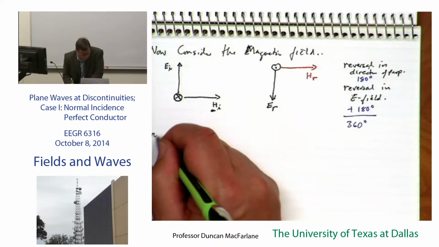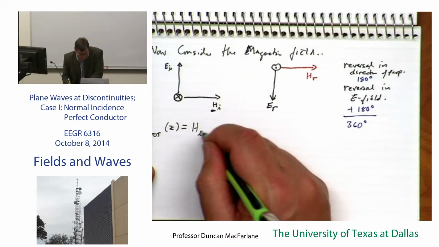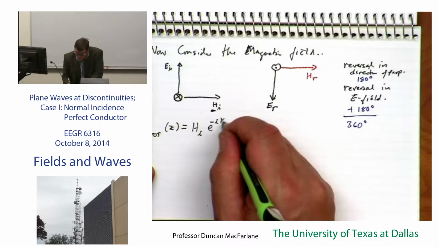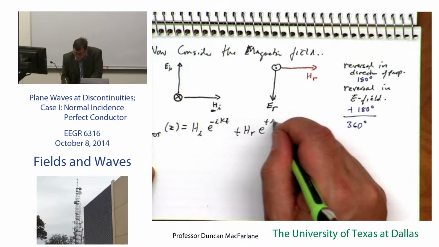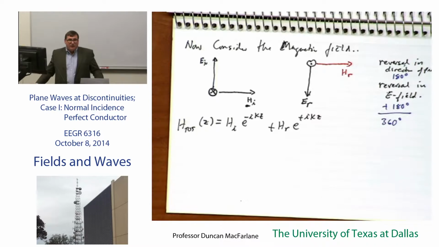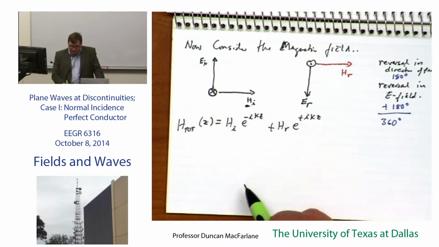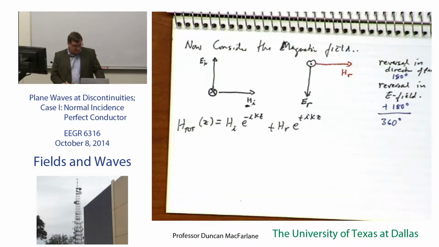So I can write the total magnetic field anywhere in Z is H incident e to the minus ikz plus H reflected e to the positive ikz.